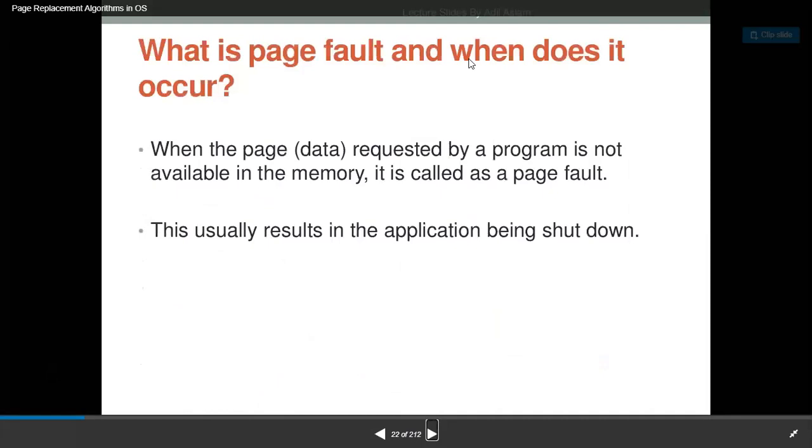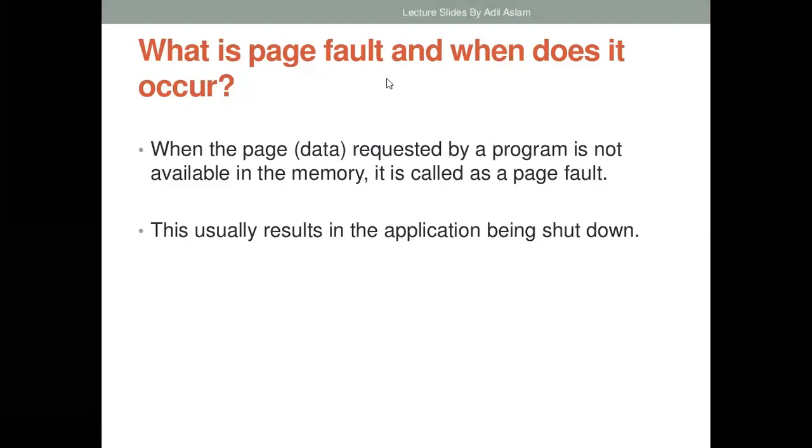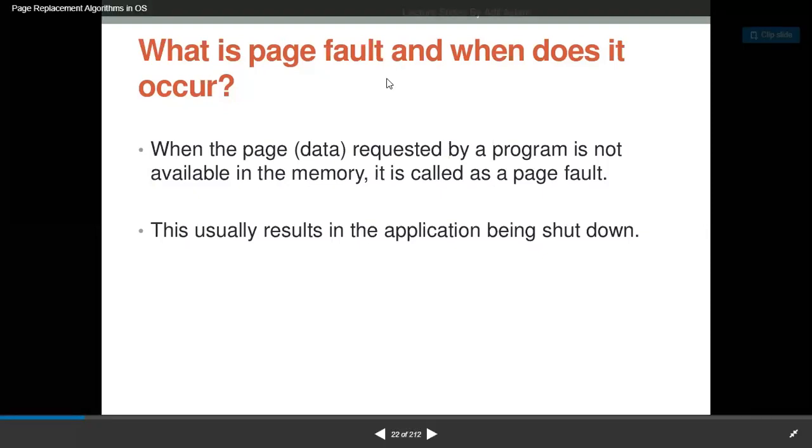Now, the main concept of today's class is page fault, a concept that we will learn and we will practice. So first of all, what is a page fault? Let's assume you're looking for a page or data requested by a program, but it's not available in the memory, and that is called a page fault. If you're requesting data for a program and the data is not available in your memory, it is called a page missing or page fault.